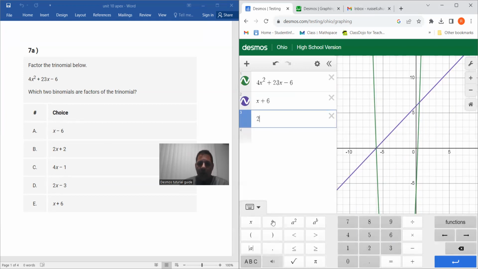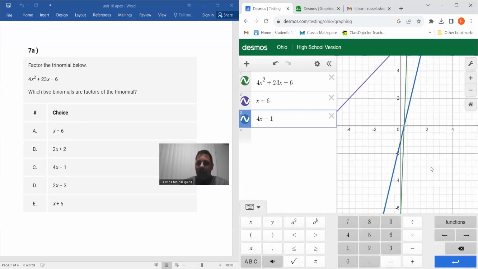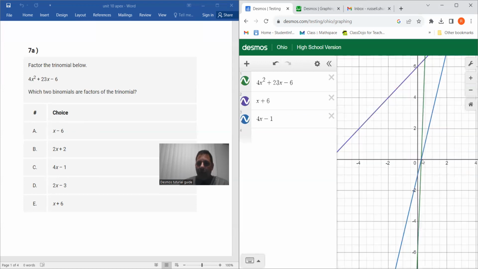We'll try the 2x plus 2, which I know is not going to work. But again, notice it does not cross where the green one crosses. Let's try the next one, 4x minus 1. And there it is. It crosses at the exact same place that this one crosses.